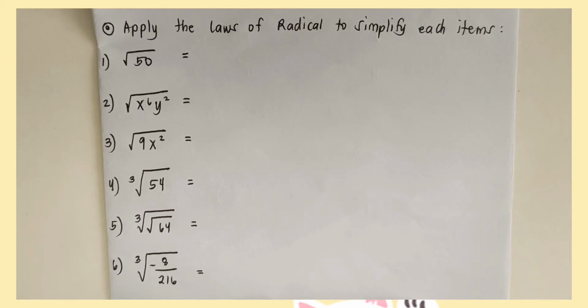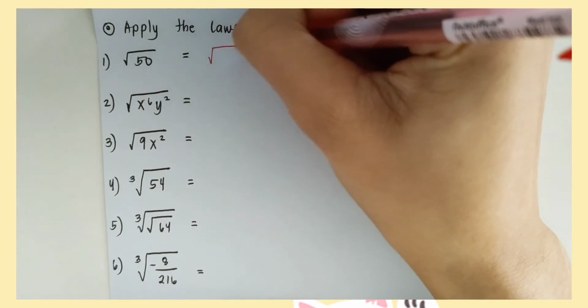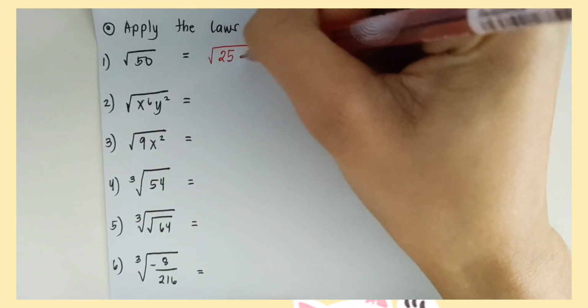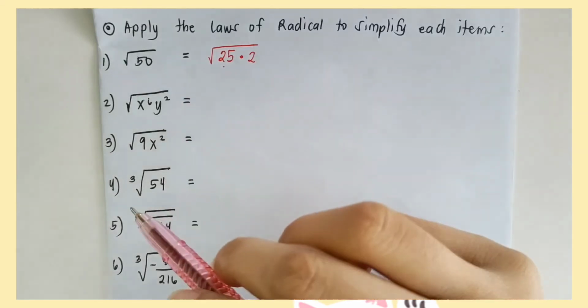We all know that 50 is not a perfect square number, but we have two factors, one of which is a perfect square. The factors of 50 that we know are 25 and 2, because 25 times 2 is 50.